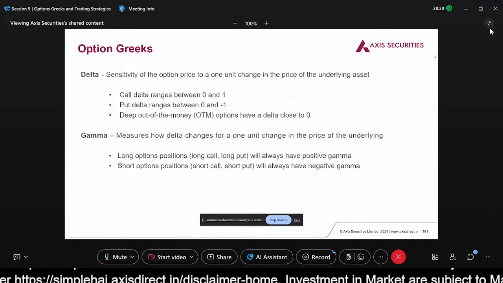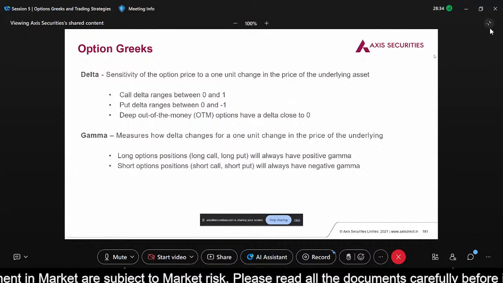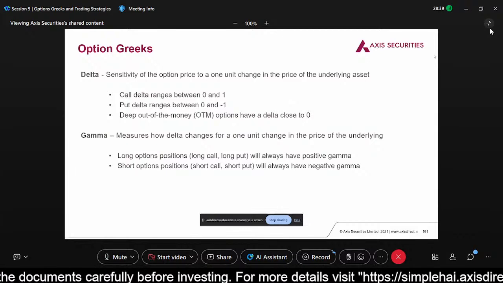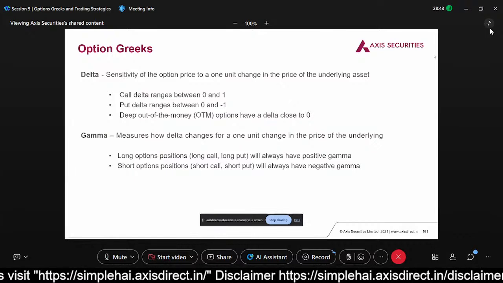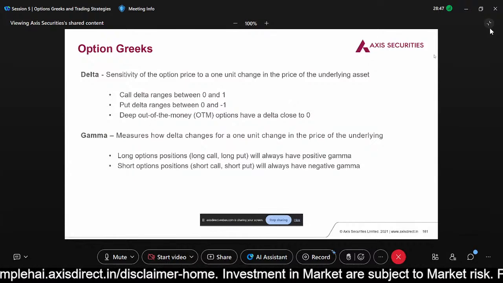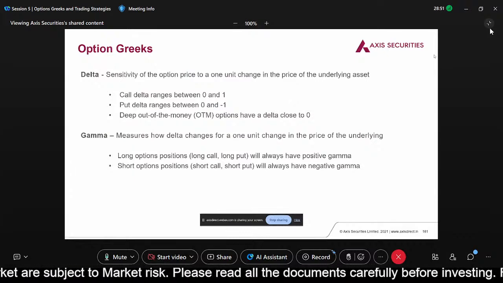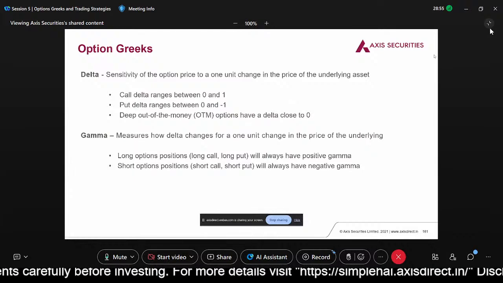Does the market assure you of what is going to happen tomorrow? So we do have a few replies, one of which is deep in the money.